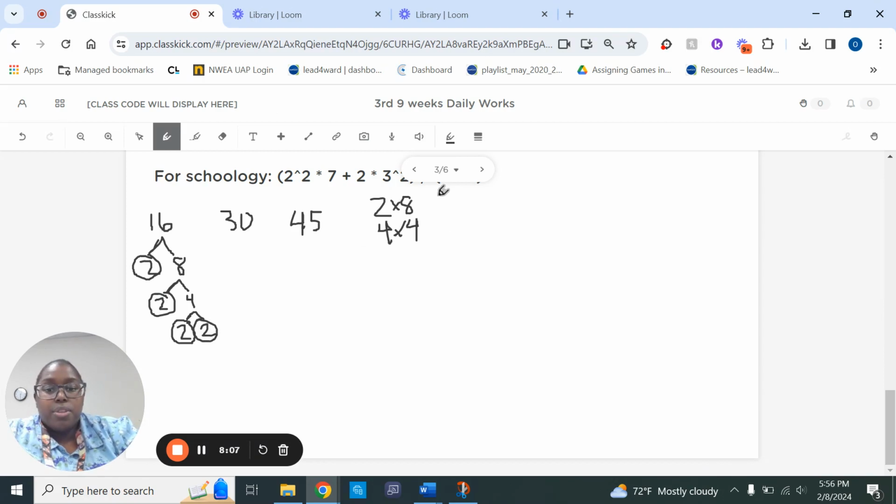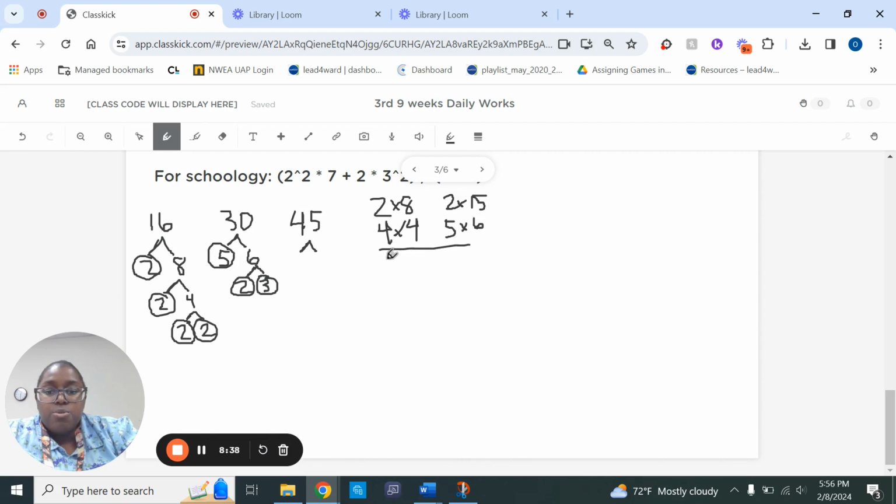Now let's look at 30. For 30, you have 2 times 15 and 5 times 6. I like 5s, so I'm going to use 5 times 6. 6 is not prime, but 5 is. So this gives us 2 and 3, and those are my prime factors for 30. Now let's get 45.